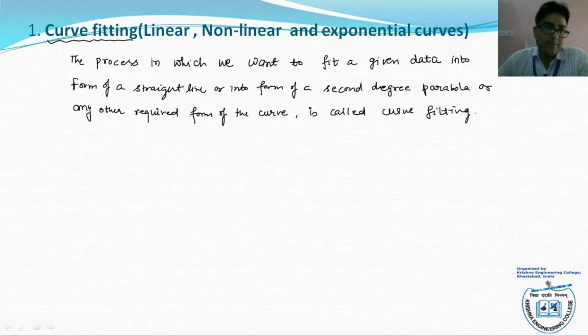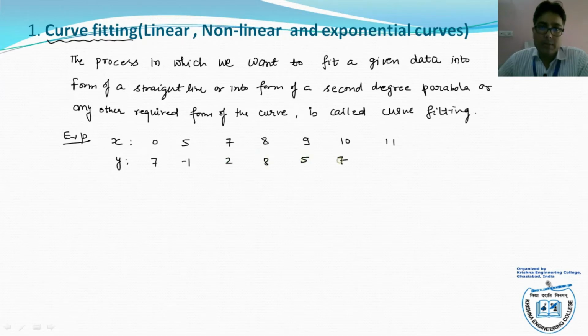For example, suppose there is data given here, x and y. The values of x are 0, 5, 7, 8, 9, 10, 11 and the corresponding values of y, suppose 1, -1, 2, 8, 5, 7, 3. This is the data.